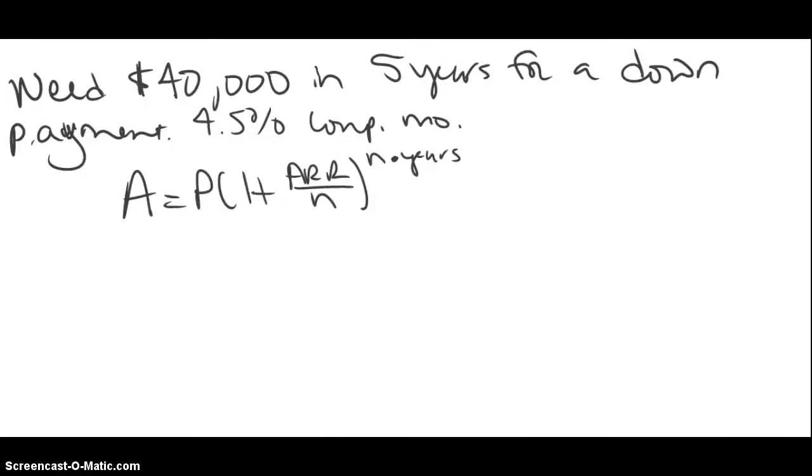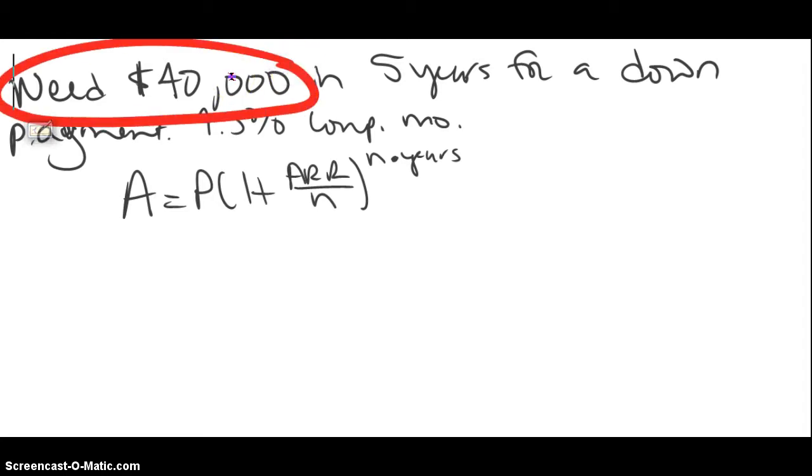Okay, say you want to go back in time and figure out what you need. So in this problem, I need $40,000 in 5 years for a down payment on a house, and the interest is 4.5%. And I want to know, what do I invest now?